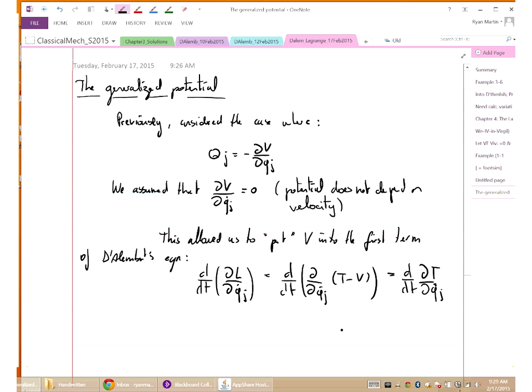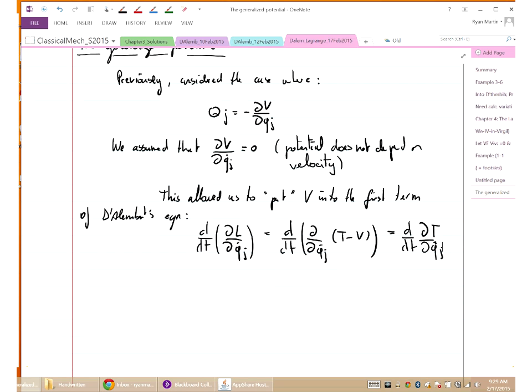So we said ∂V/∂Qj dot is 0, so I can put it into this term that had the d/dt of ∂T/∂Qj dot. That meant I could write D'Alembert's equation with only L's in it, so I can just put L equals T minus V everywhere, because since V didn't depend on Qj dot, it didn't matter if I added it into the first term.